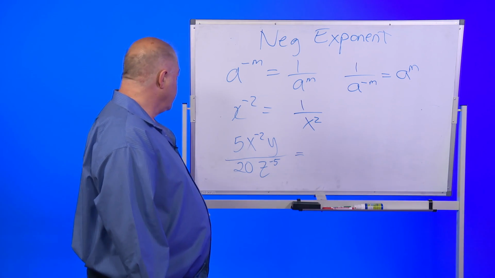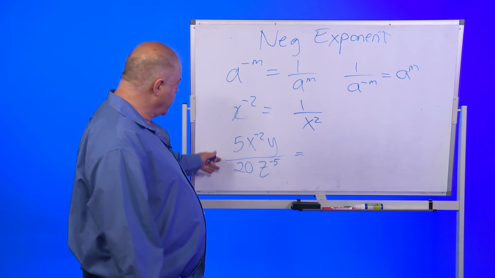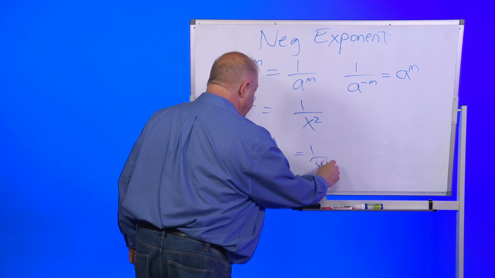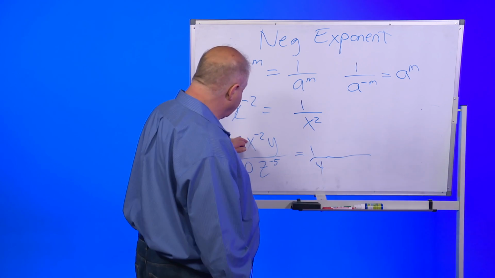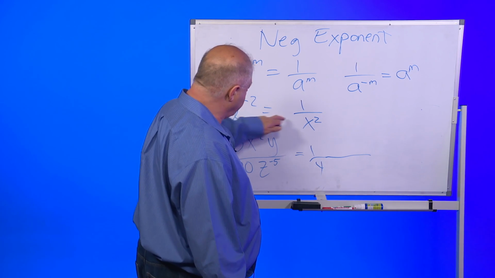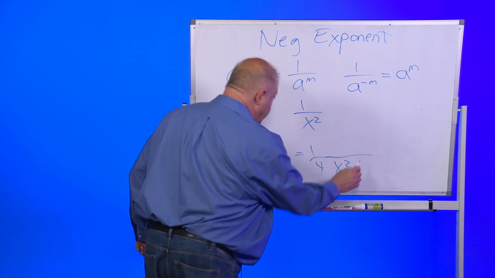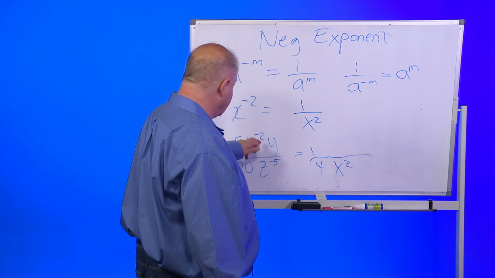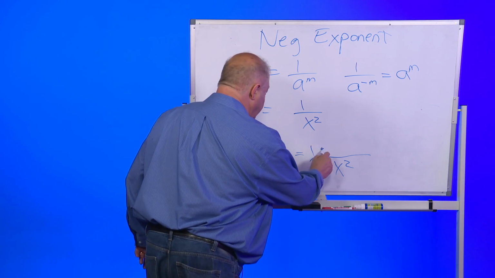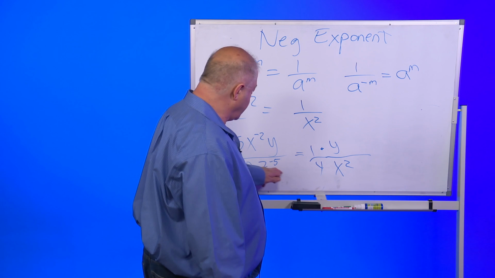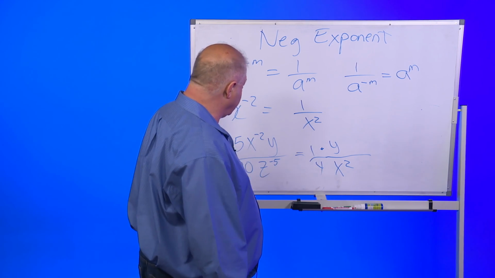And so on this one here, look at this bottom example. 5 divided by 20 is 1/4. And so x to the minus 2, we can see here, becomes 1 over x squared. So we put x squared on the bottom. Y is fine where it is. And then there's a z to the minus 5. That actually flips it up.